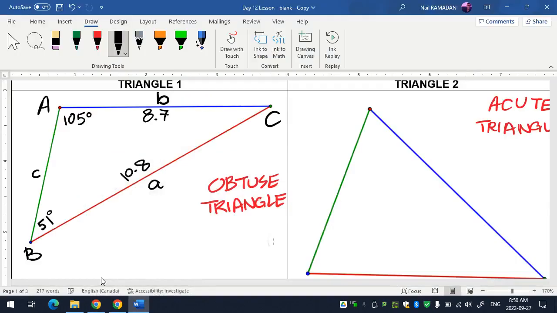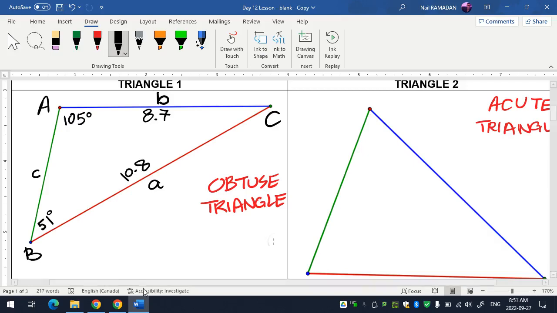Technically, do I need the website to figure out the third angle? No, I don't, because I can just subtract those two from the full angles in a triangle, any triangle, 180. So let's just do it in our heads. What's 105 plus 51? 156. How much remains to make it up to 180? 24.